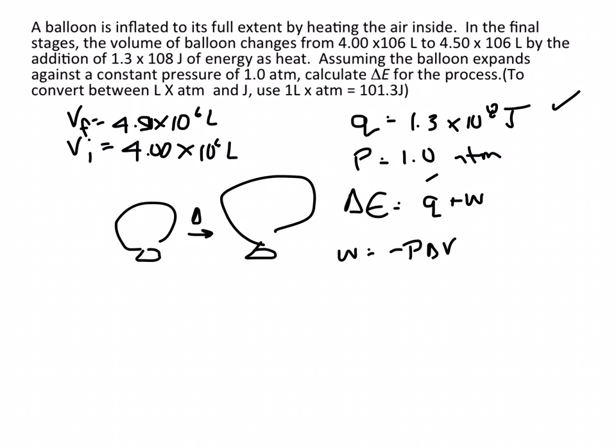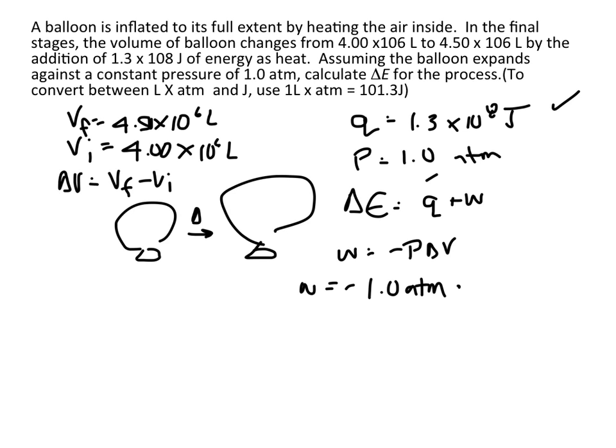We need to figure out the work associated with the volume change occurring against the constant pressure value. So W is going to be equal to the negative 1.0 atm times our change in volume, which is delta V, equal to VF minus VI. So in this case, 4.50 times 10 to the 6 minus 4.0 times 10 to the 6.